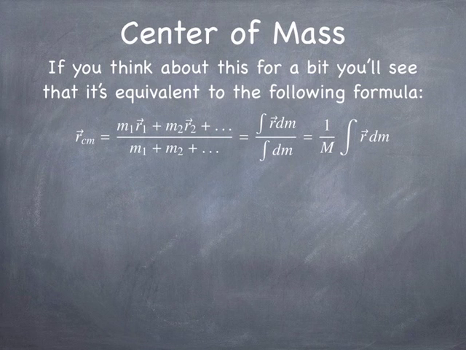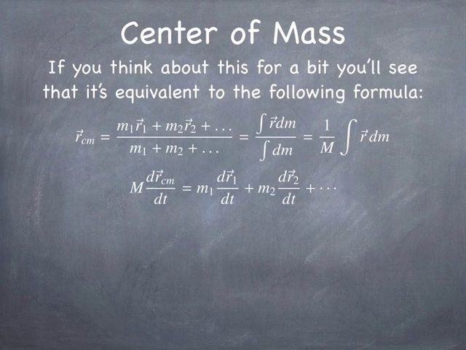But that's equivalent to weighing each position in the object by its corresponding mass. Then if you calculate the straight arithmetic mean of the positions of all those pieces, you will discover that it's the same as this formula. So anyway, this is the expression we're going to use to compute the position of the center of mass.